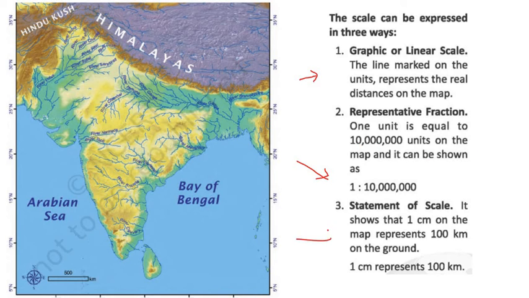Next is the statement of a scale. It shows that 1 centimeter on the map represents 100 kilometers on the ground. Fine. Say for example here in this map, see the bottom right, this distance is approximately 500 kilometers.